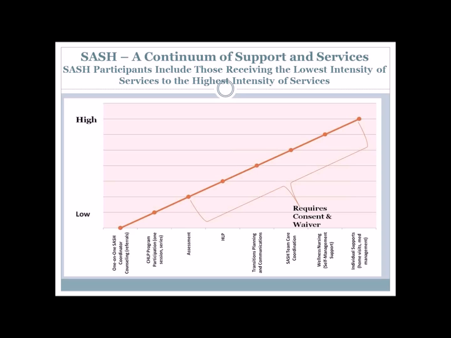Again, this is just making the point that there are some things that are basically an automatic benefit, which are the lower ones here, that don't require the full legal forms to be filled out. But those are pretty basic things. It's one-on-one referrals by the coordinator, participating in some of the community healthy living plan programming.